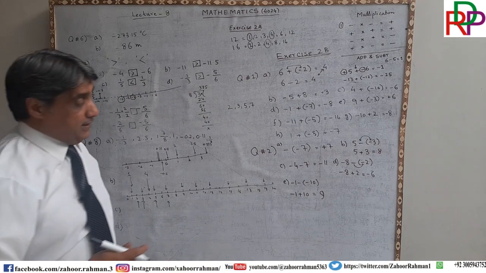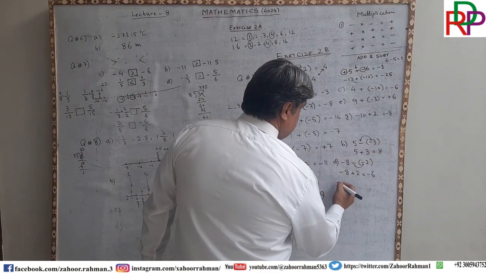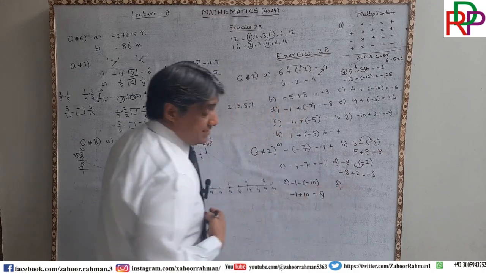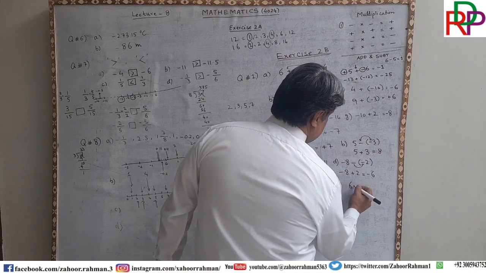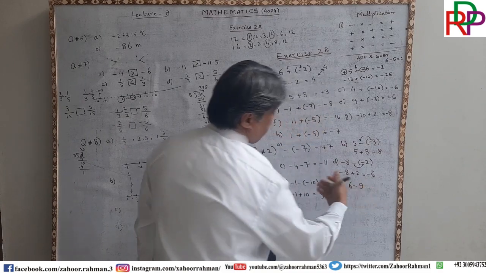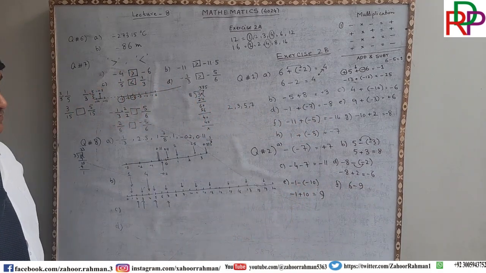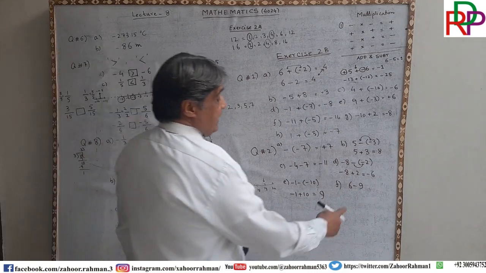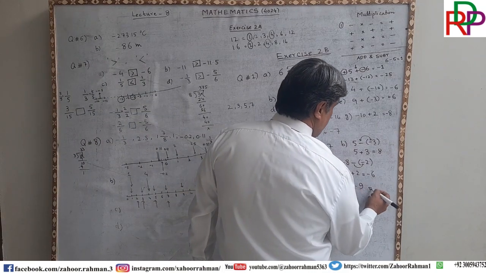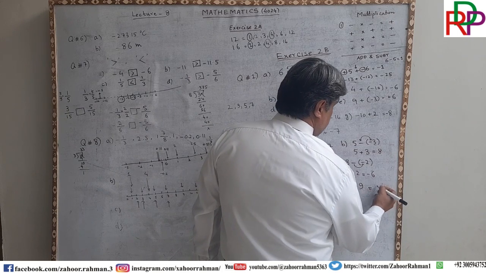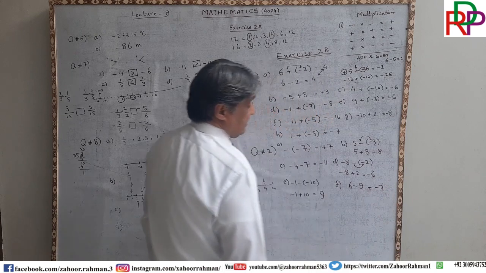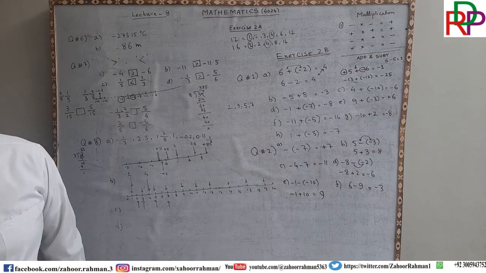Then the F part is 6 minus 9. Now 6 minus 9 is simple subtraction. So 9 minus 3, there is no multiplication involved inside it. So 3 and then the sign of the greater number.